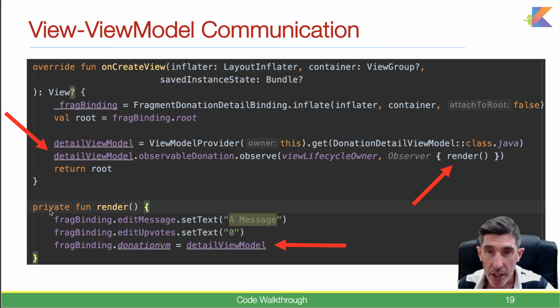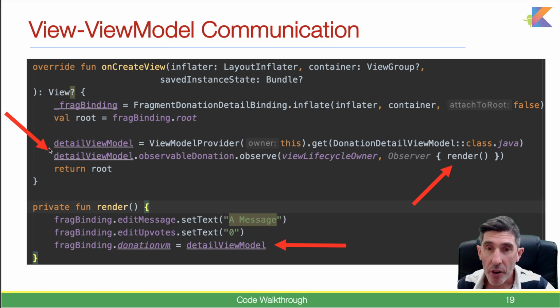And what we have here is, we are setting the text initially to a message, setting the upvotes to 0, because we weren't working with those properties just yet. But this is the relevant line of code for the moment. Here we are assigning our detail view model to the donation VM, as I'm referring to it, that we would have passed into and referenced declaratively inside the layout.